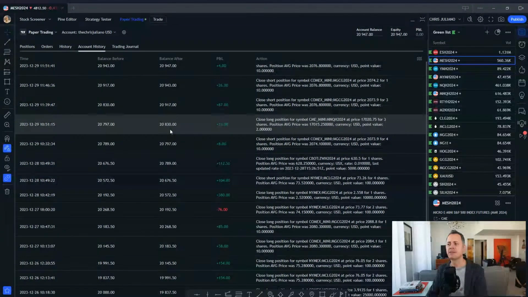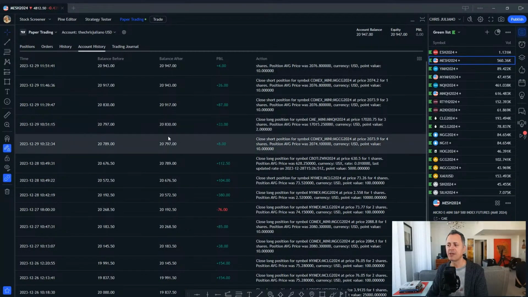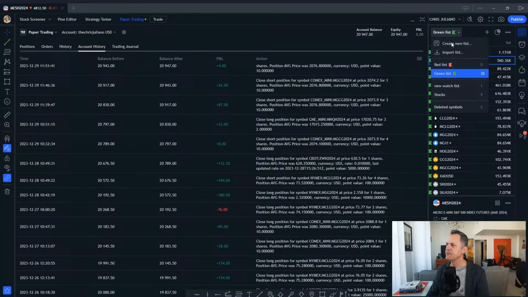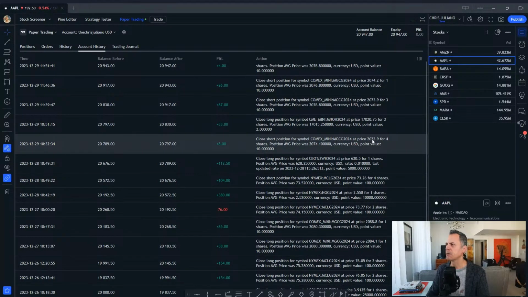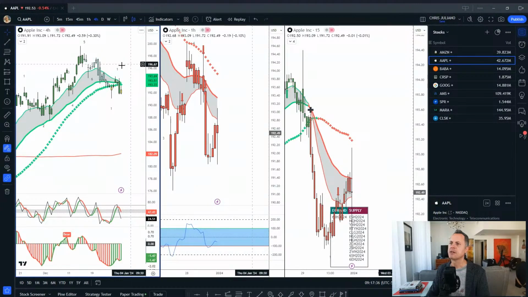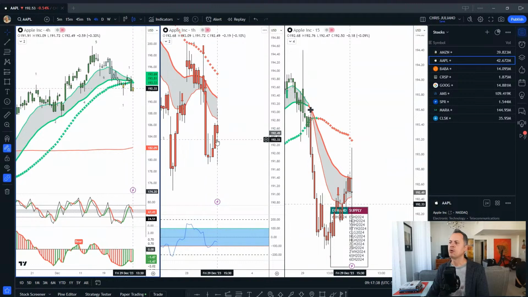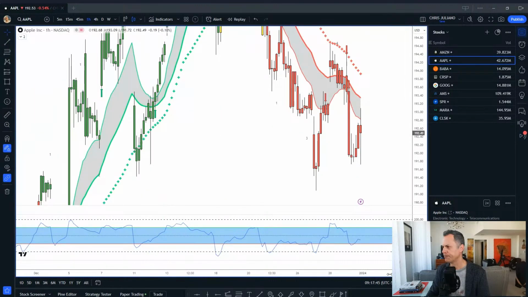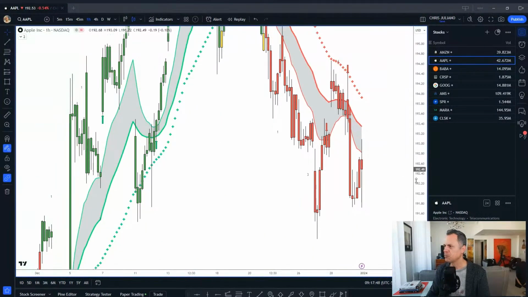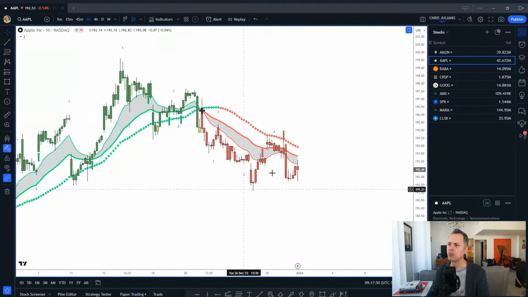Instead of just buying and holding stocks, let's jump over to Apple real quick. What we want to do is look at the 1 hour chart, and we can simply use that 1 hour TrendCloud for buying opportunities.